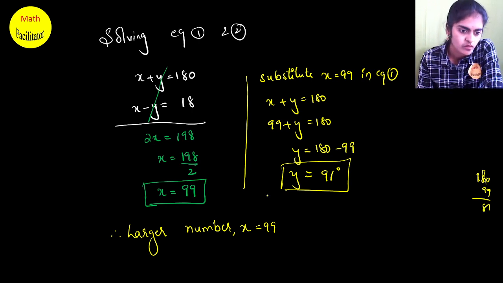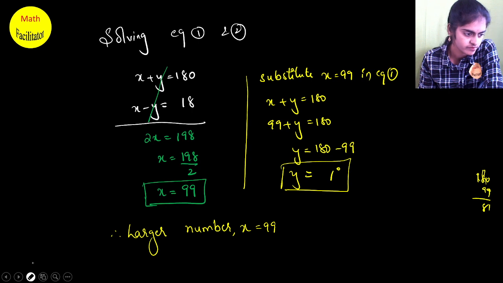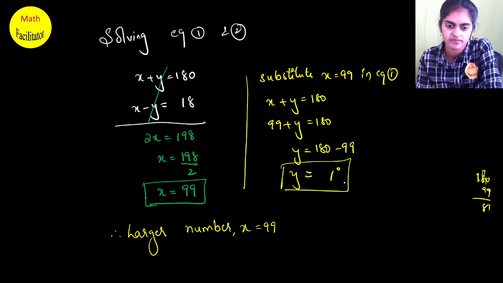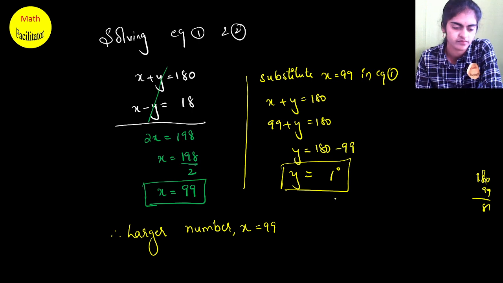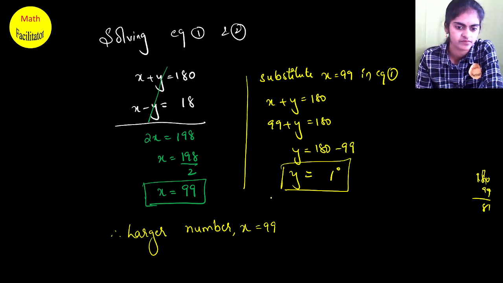Okay, one second, let me just write it properly. So the smaller number is y.